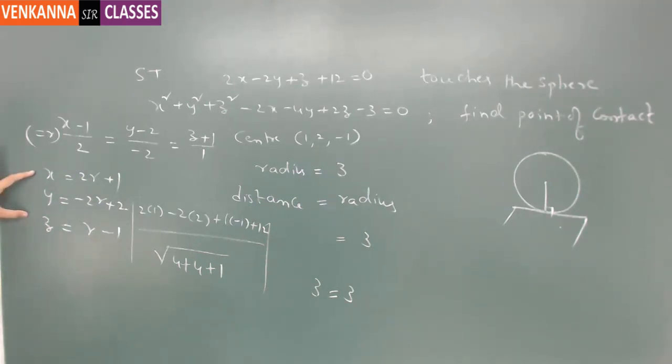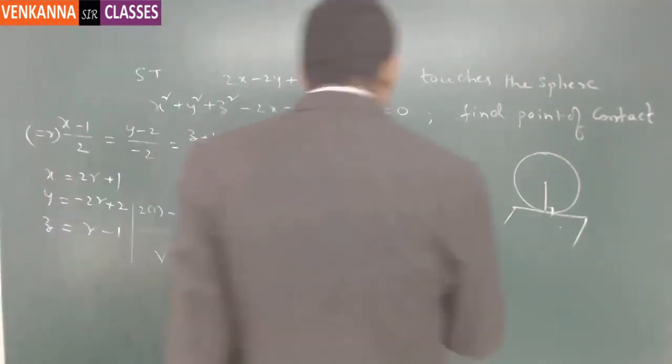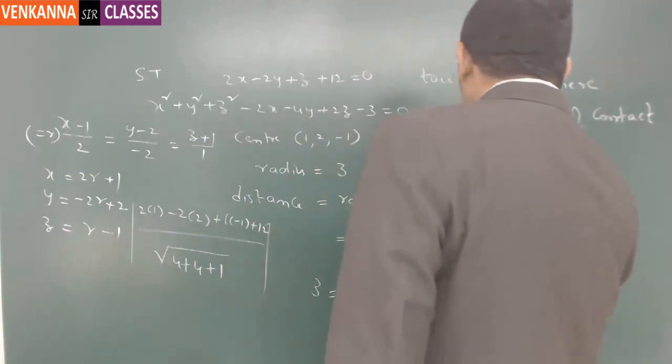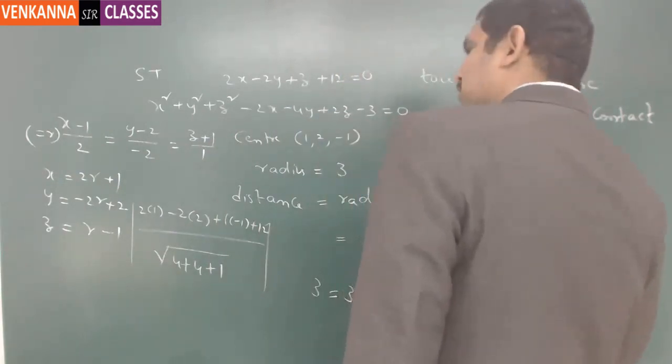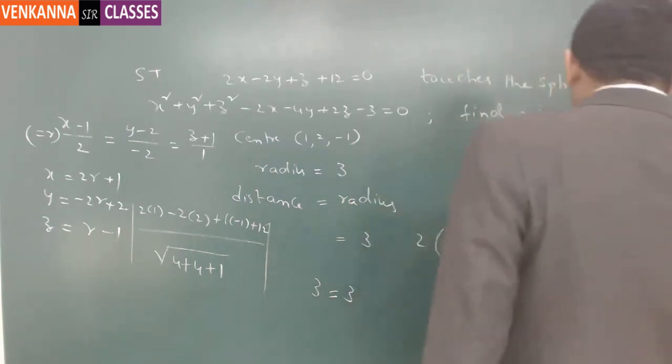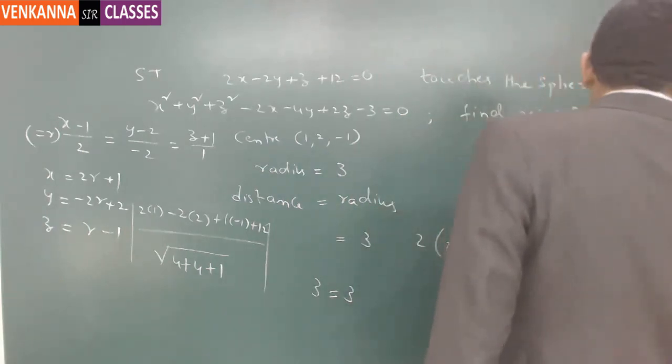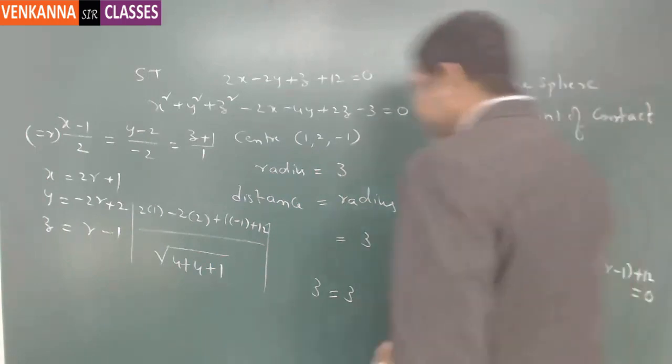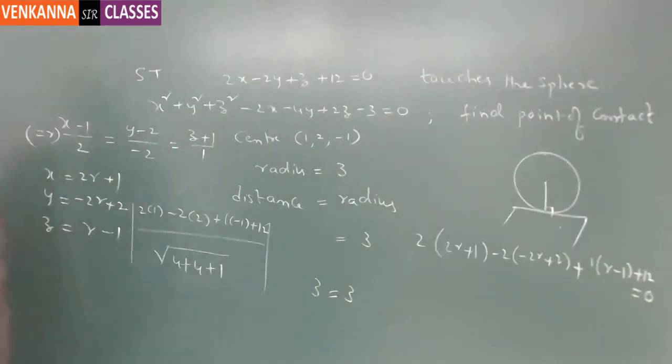Since the foot lies on the plane, in other words, the foot is the point of contact which is common to both the sphere and the plane. So if you substitute the three values in the plane equation, you have 2(2r + 1) - 2(-2r + 2) + 1(r - 1) + 12 = 0.